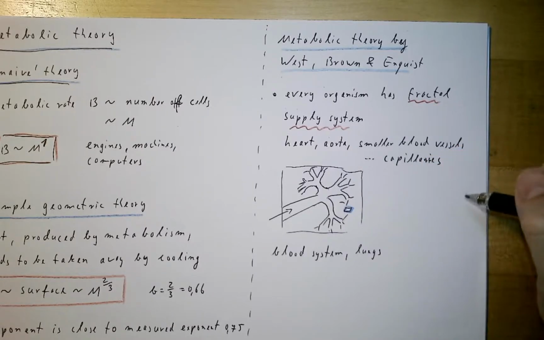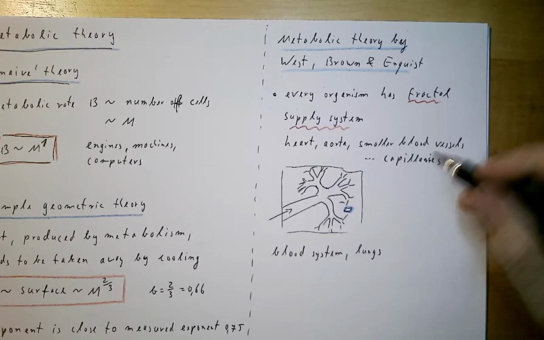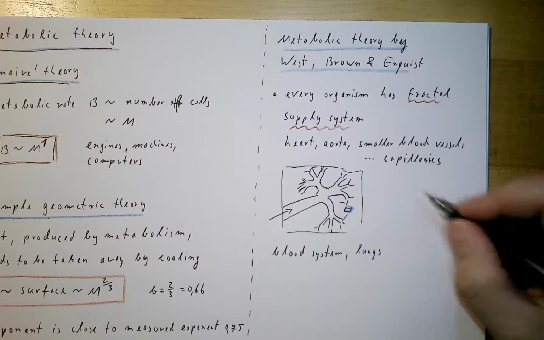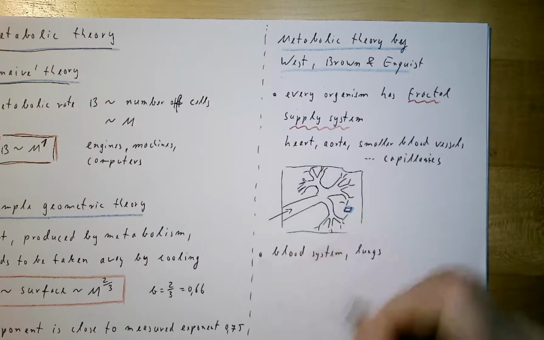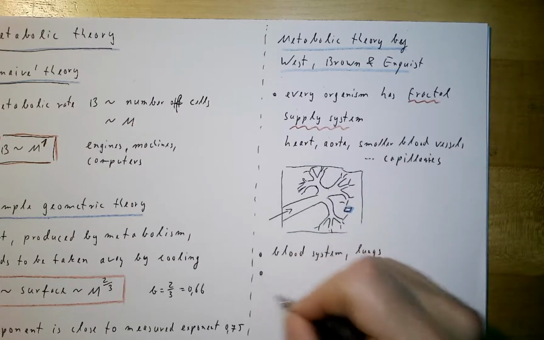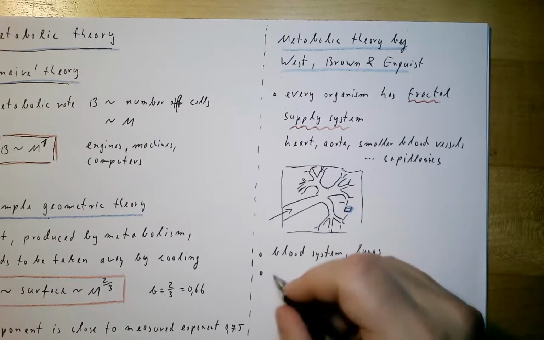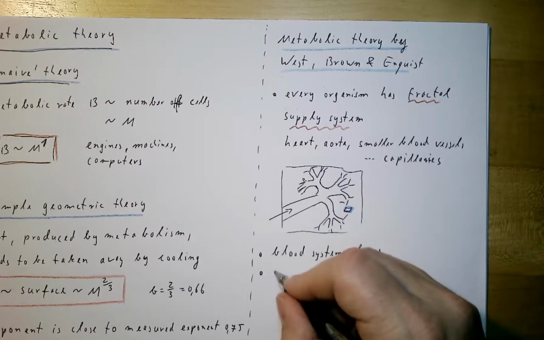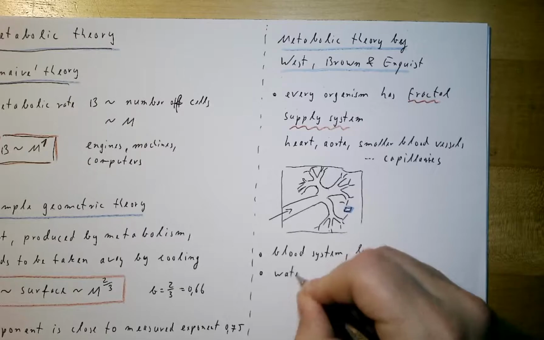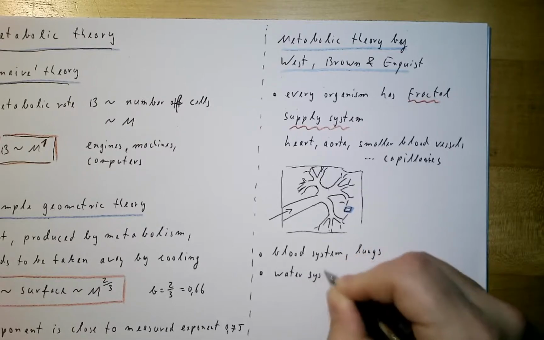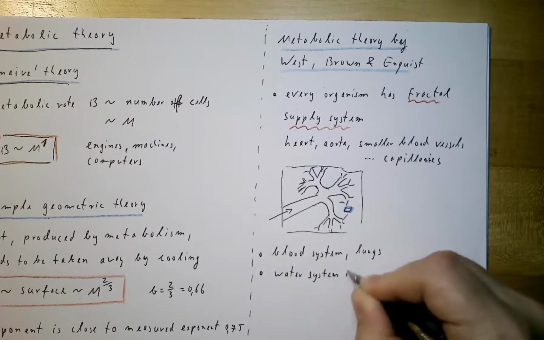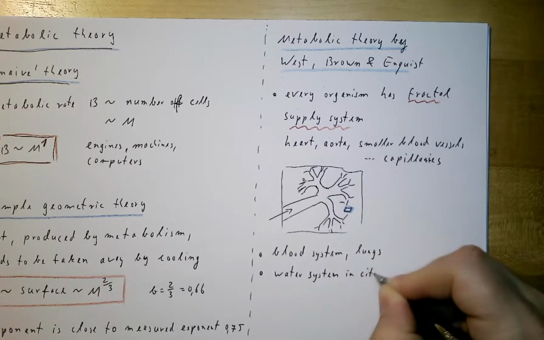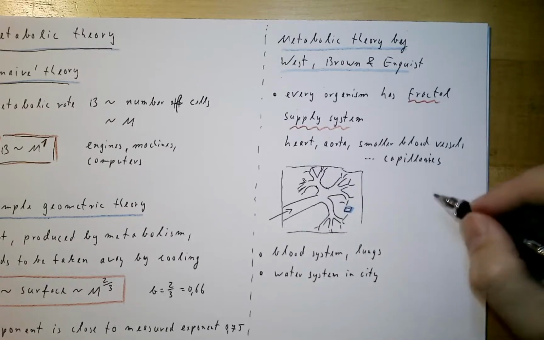You could have this also in technical systems. Let's say you would have the water, the blood system, lungs, but in technical systems you have the water system in a city. And that's maybe also a good way to think about this.